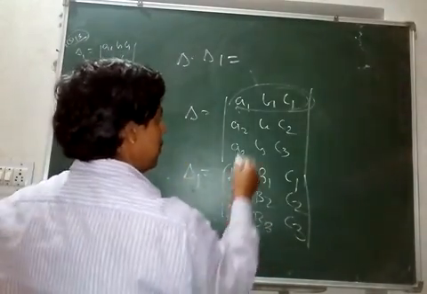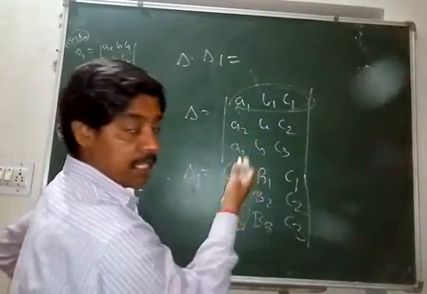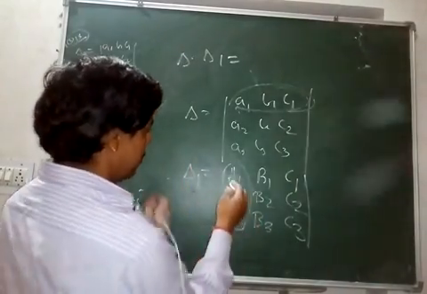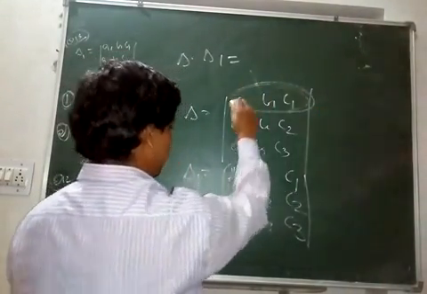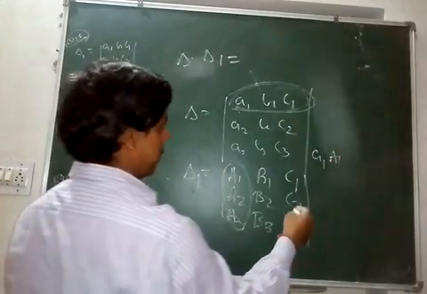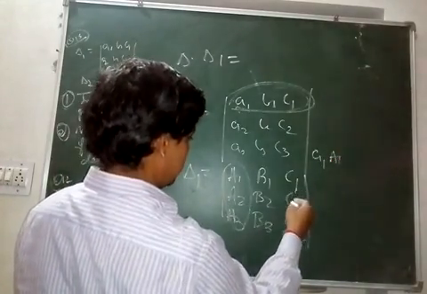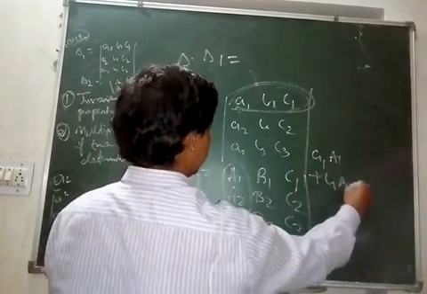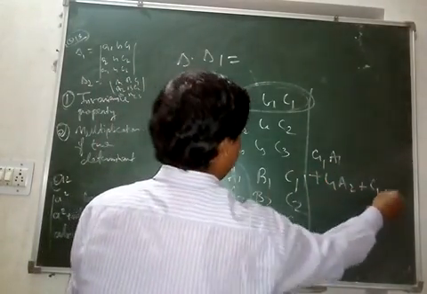We can also take the transpose and then multiply. First of all, let's do the first one. First row multiplied by the first column. We get A1 A1, and then plus B1 A2 plus C1 A3, something like this.